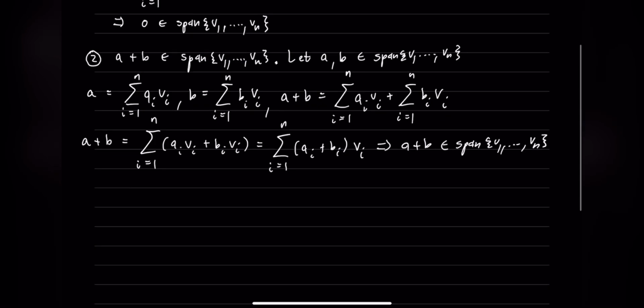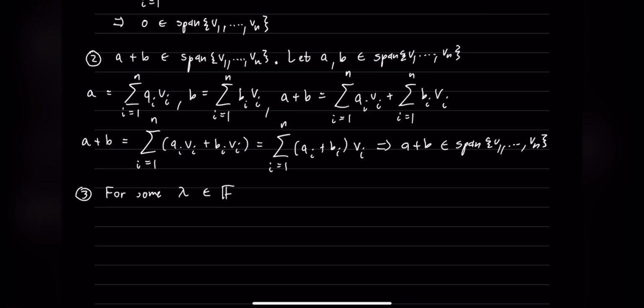Now the third property we have to show is that for some lambda in the field, lambda times A is lambda times the sum from 1 to n of Ai Vi, but we could bring the scalar inside the sum.